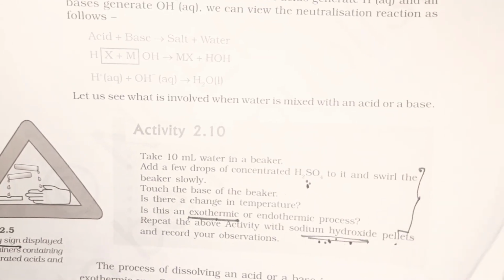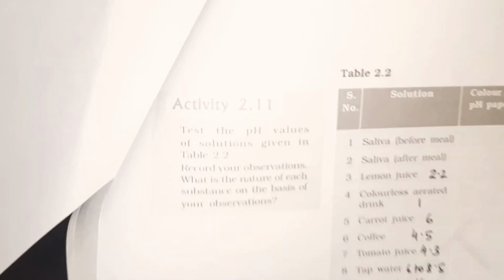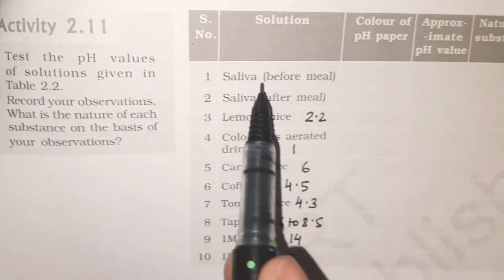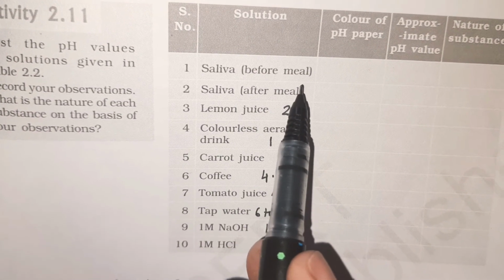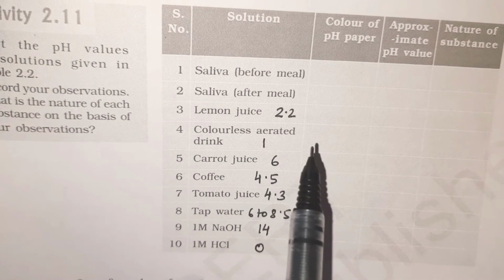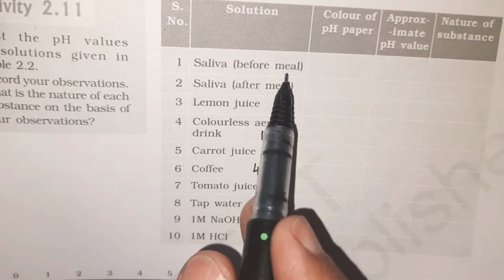Now, moving ahead with activity 2.11. This activity is to test the pH of various solutions. We have taken different solutions which are given in table 2.2. Saliva before meal has a pH of 7.4. It is quite neutral in nature.